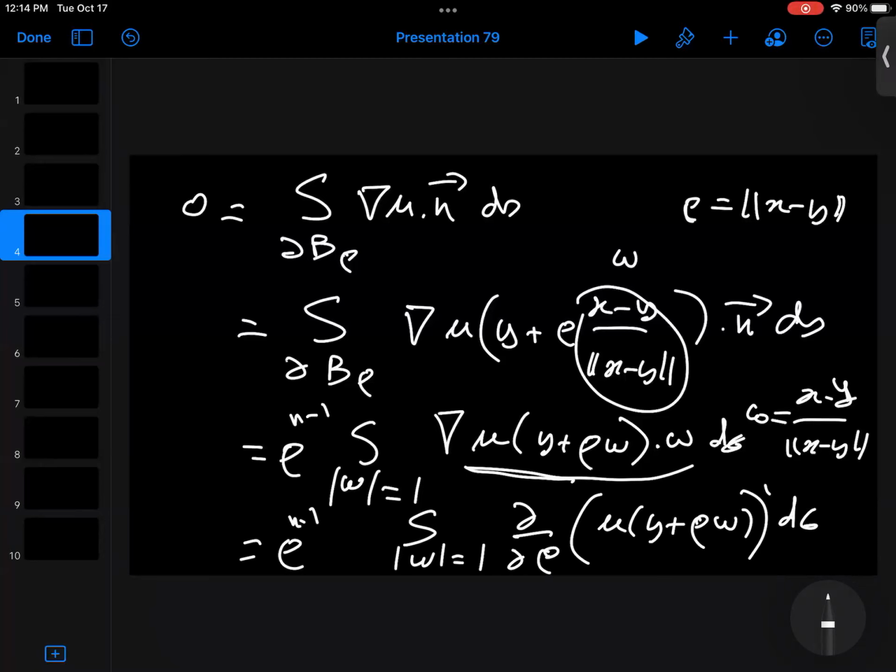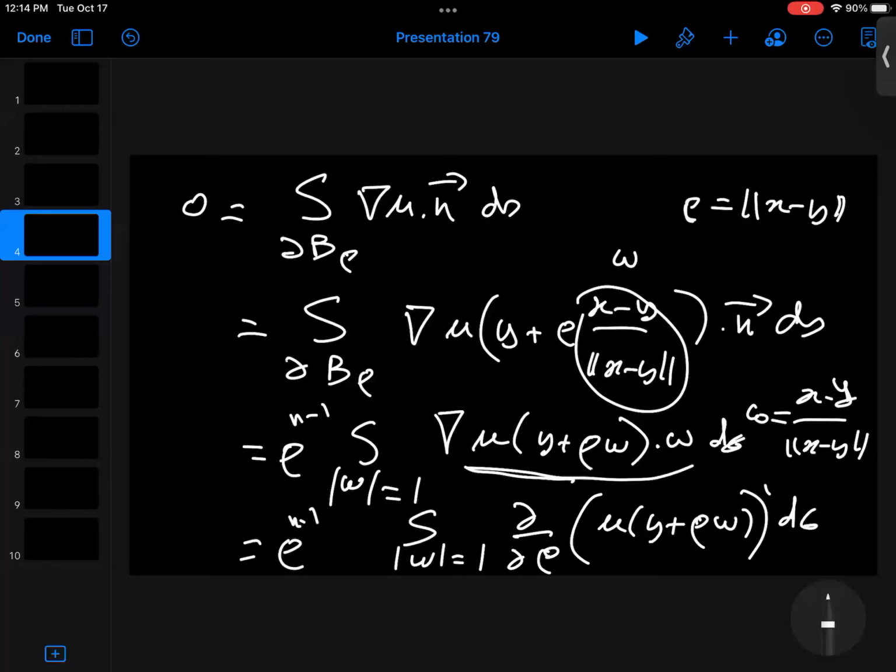What I'm going to do, I'm again coming back to my integral over not the sphere of radius 1, but the sphere of radius rho.